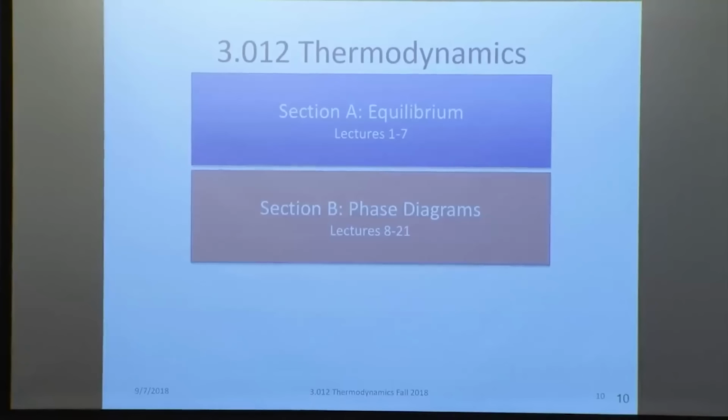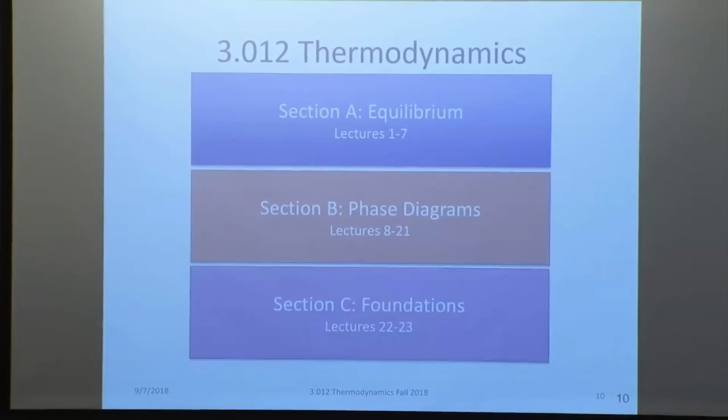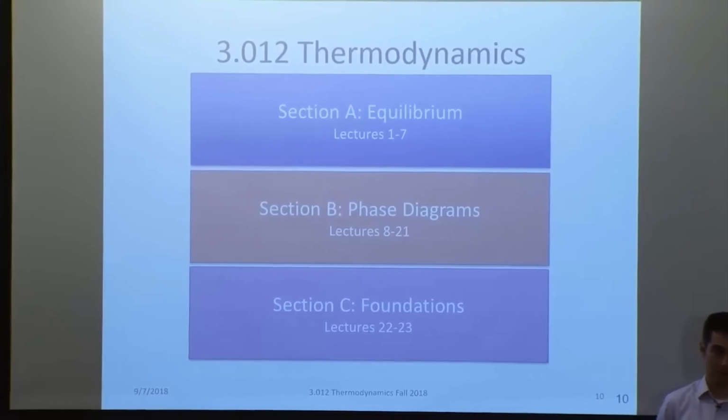So the thermodynamics section of this course basically has 3 parts. The first 7 lectures are introducing the concept of equilibrium. That is, this balance, right? How does nature determine the equilibrium situation, the most balanced situation for any given set of conditions? And then we apply the concept of equilibrium to increasingly complex physical systems to calculate these phase diagrams, to figure out where they come from, how to make them, how to read them, how to use them.